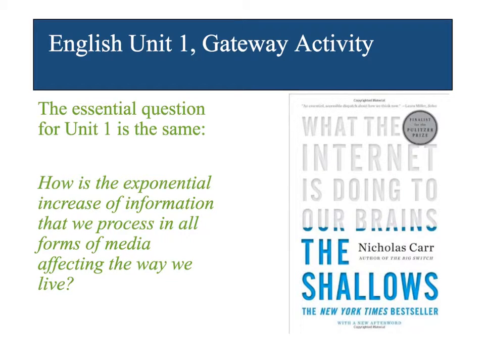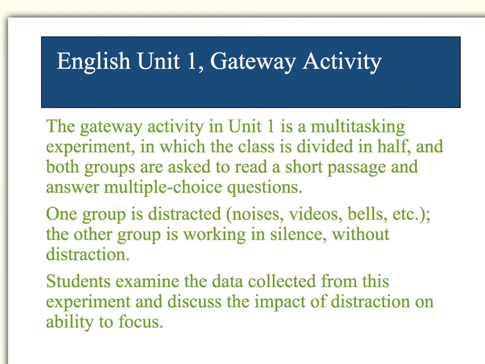In Unit 1, which is based on The Shallows by Nicholas Carr, the essential question is the same, again having to do with how all this information that we process impacts the way we live. So in Unit 1, just as a reminder, the gateway activity is a multitasking experiment in which the class is divided in half. Both halves of the class are asked to read a short passage and answer some multiple choice questions.